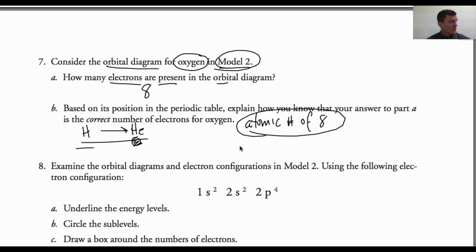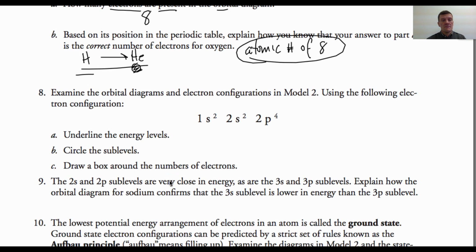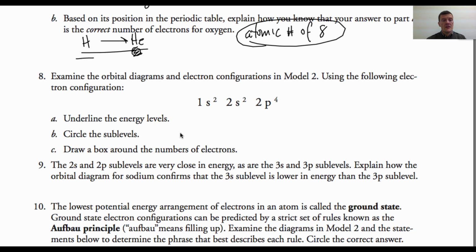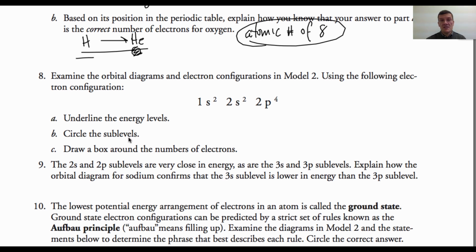Alright, question number 8. Question number 8 basically says, examine the orbital diagrams in electron configuration in Model 2 using the following electron configuration. Again, this is similar to what we did with the boarding house manager's code. Underline the energy level.